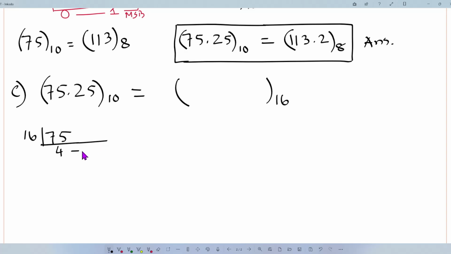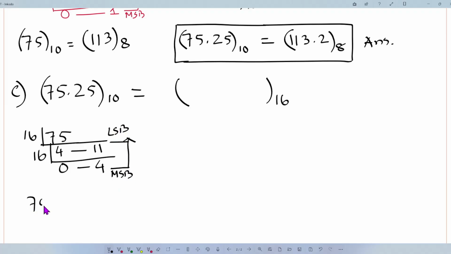So here the remainder will be what? Will be 11, right? And then again we will divide by 16. So here is 0 and here is 4. So this is the most significant and this is the least significant, MSB and LSB.